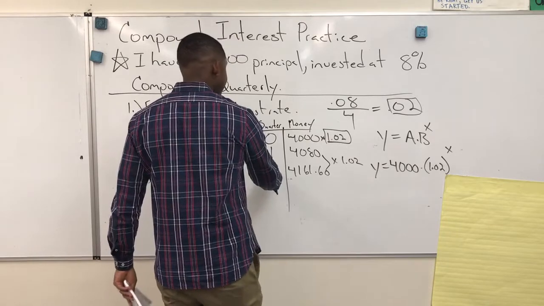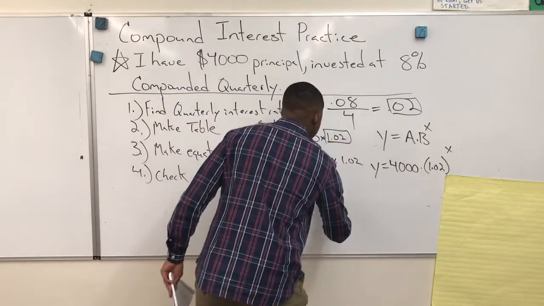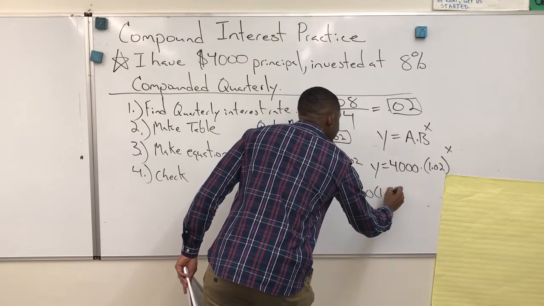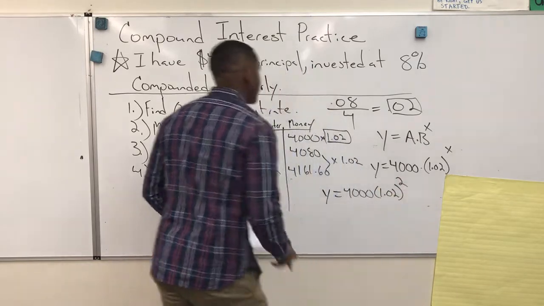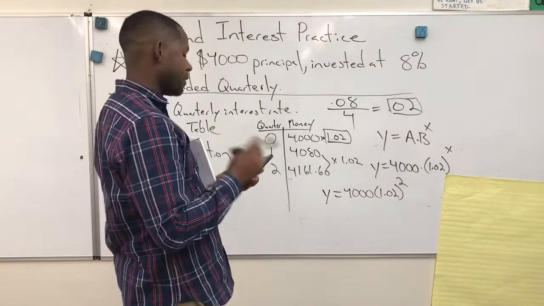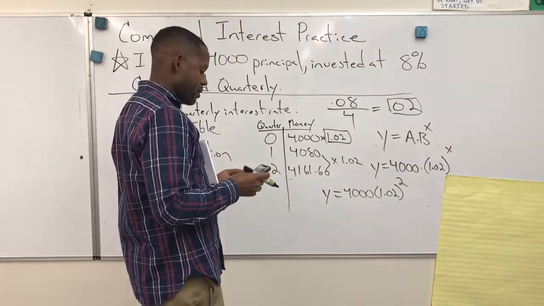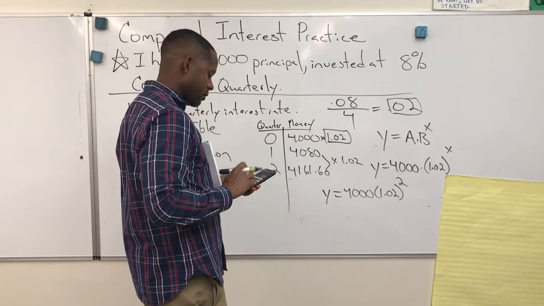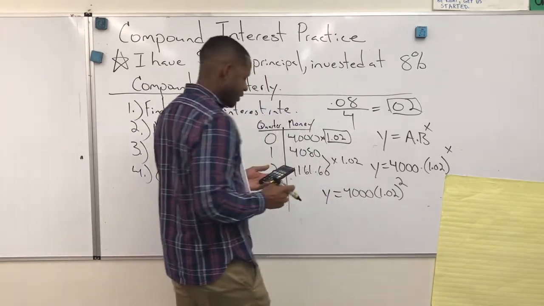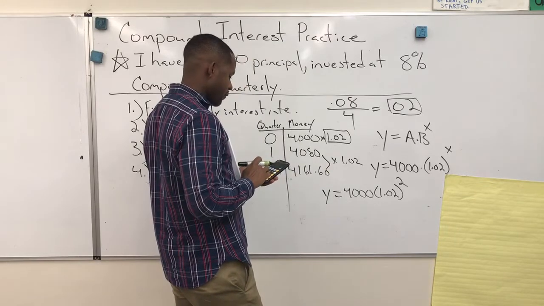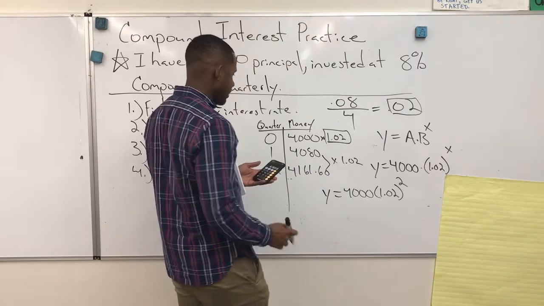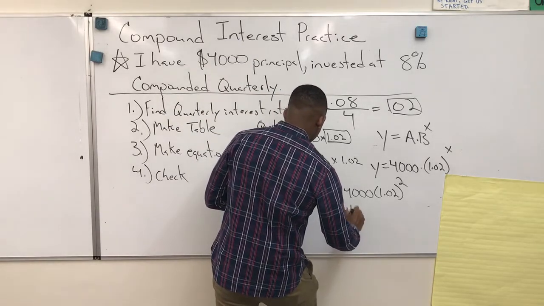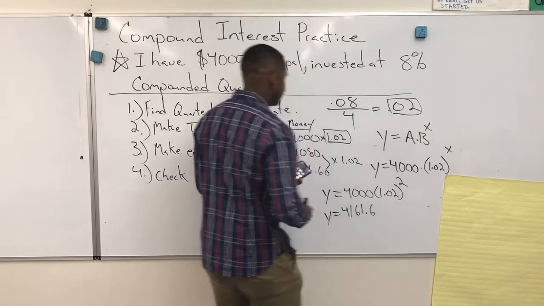So I'm actually going to plug in a 2 to see if it works. y equals 4,000 times 1.02 to the second power. I don't know what that is, so I'm going to do it in my calculator right now. 1.02 times 1.02, that would be to the second power, is 1.0404, times 4,000 equals, y ended up equaling 4161.6.